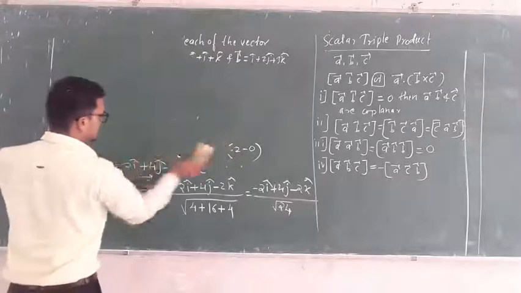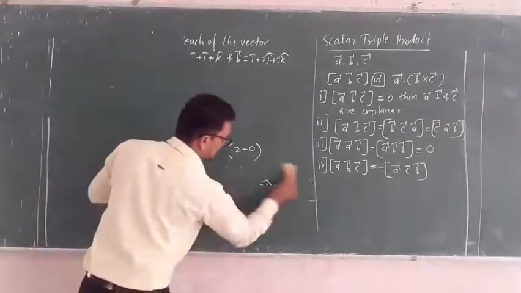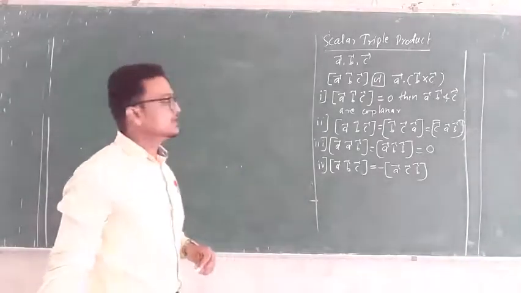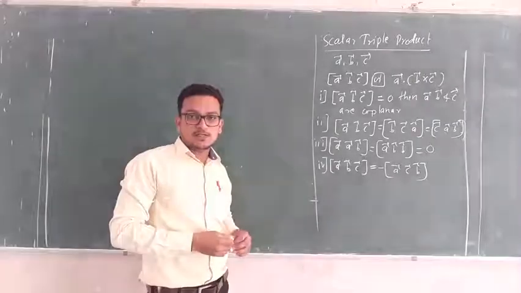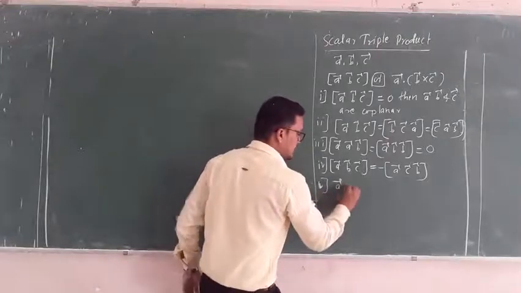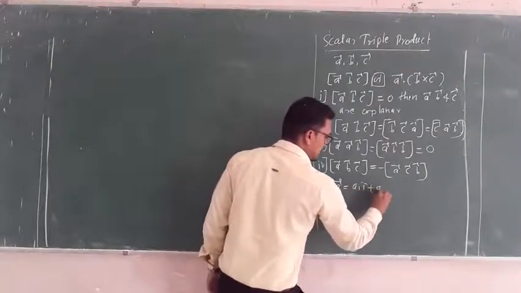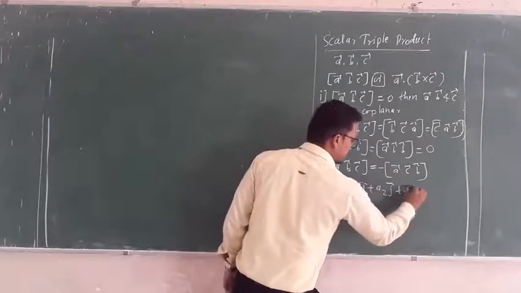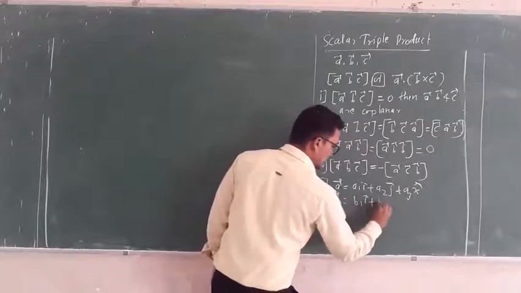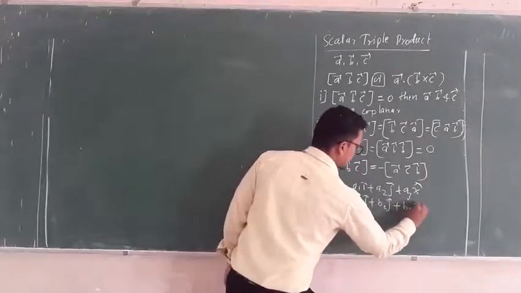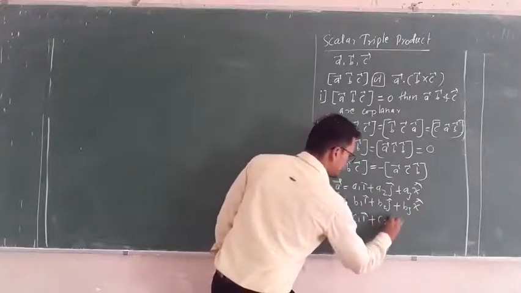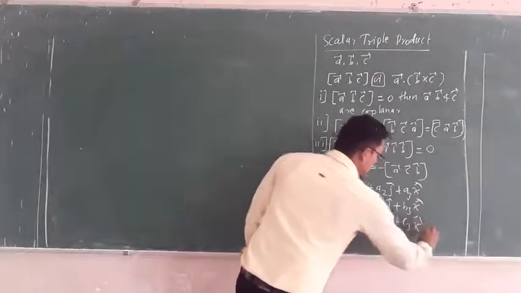Before going to the examples, we have to see the definition of the scalar triple product. I'll see the fifth one. Suppose vector A equals A1 i plus A2 j plus A3 k, vector B equals B1 i plus B2 j plus B3 k, and vector C equals C1 i plus C2 j plus C3 k.